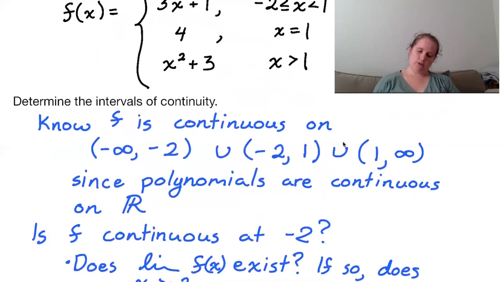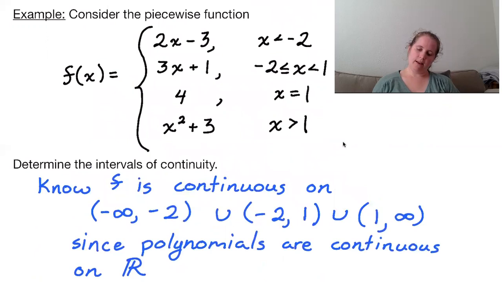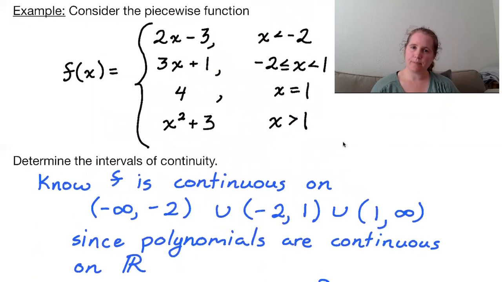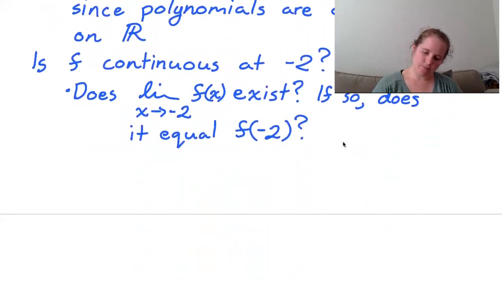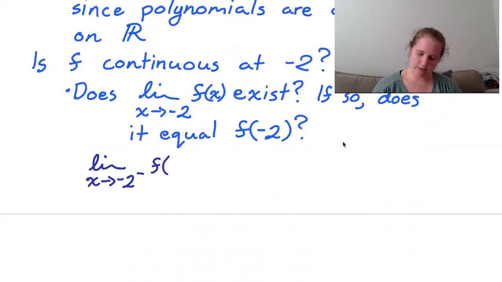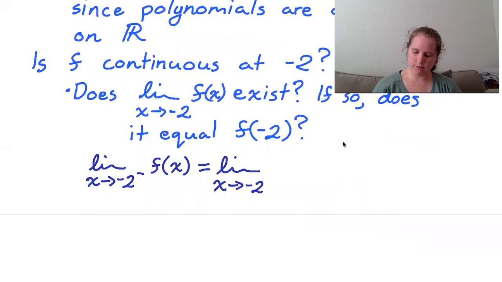So our function from the left of -2 is 2x minus 3. So if we find the left limit, the limit as x approaches -2 from the left of f of x is the same thing as taking the limit as x approaches -2 from the left of 2x minus 3.